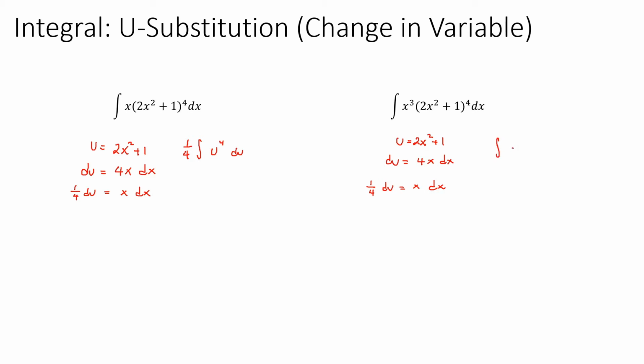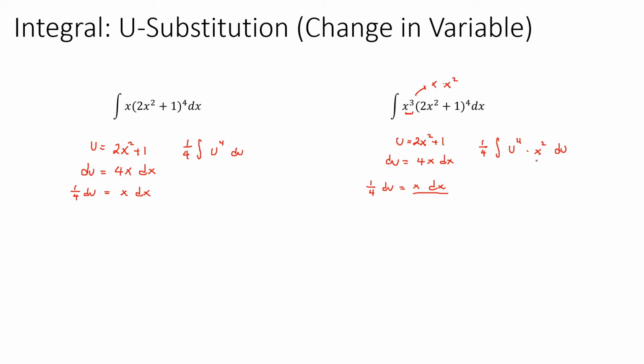But what happens in this case is you have u to the 4th, you have 1/4 of du, but keep in mind you have x to the 3rd, which could be broken down to x times x squared. That's how you substitute x dx in for 1/4 of du. But we have x squared left, which we cannot integrate. So these are the scenarios where we're going to use change in variable to solve the integration.